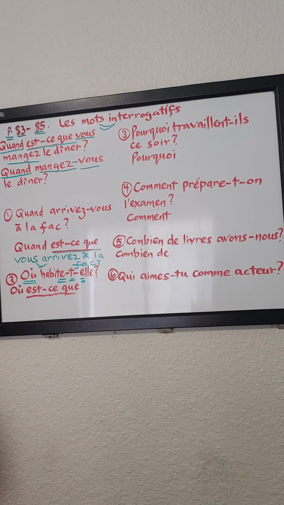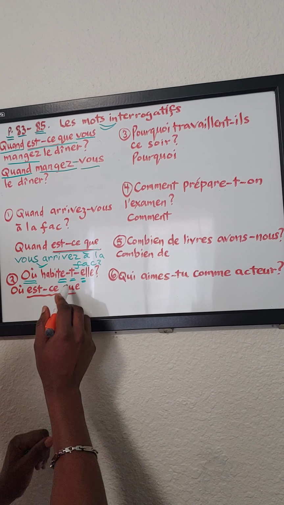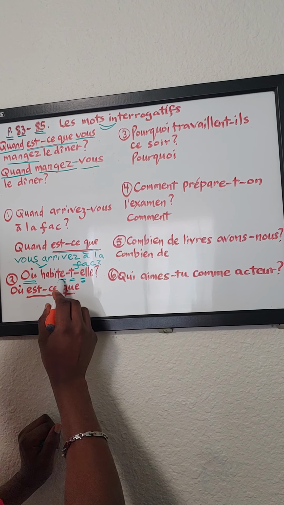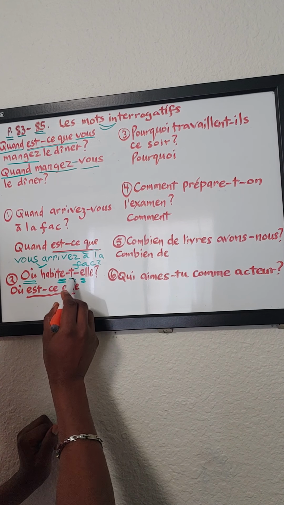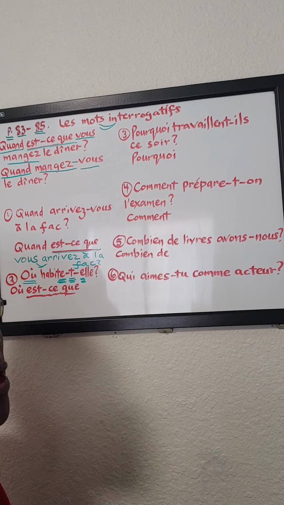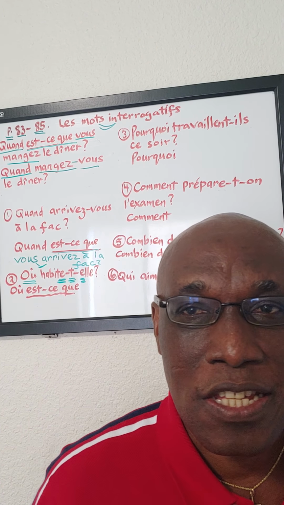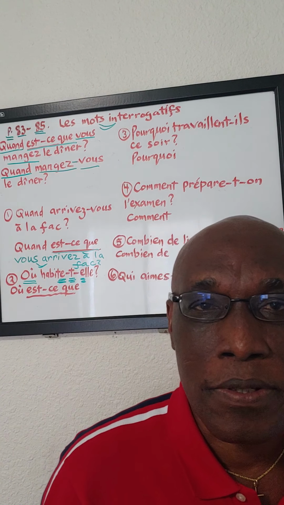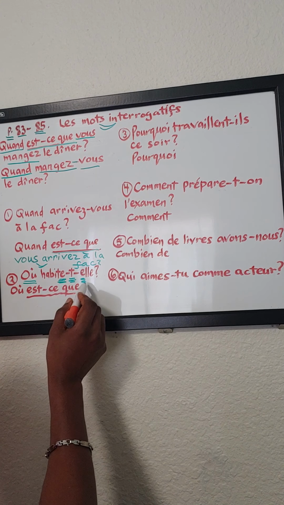The T is just there for us to pronounce habite and elle, so that people can hear that we are pronouncing habite and elle. The T is there for smooth pronunciation. It has no grammatical purposes. Okay? So, où habite-t-elle?